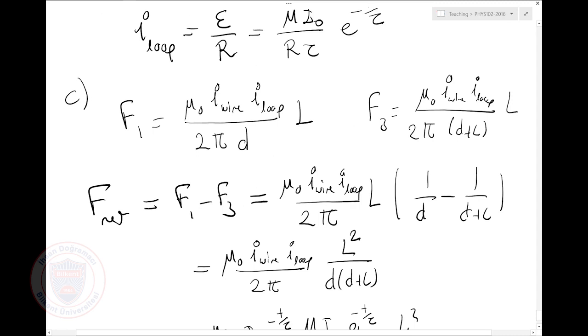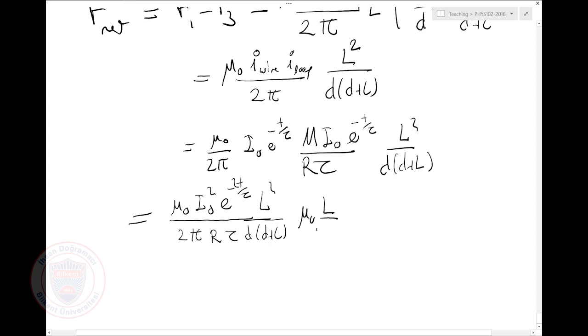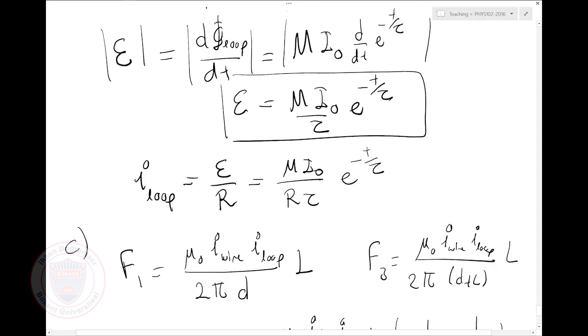M I have calculated over here: mu 0 L over 2 pi, ln of L plus D over D.